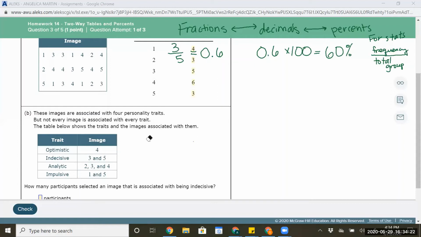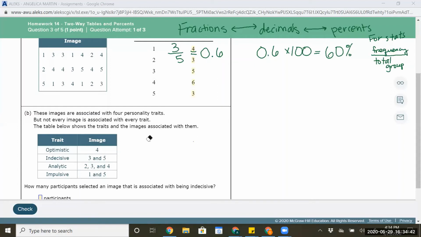Image 3 was associated with 2 personality traits. It was associated with indecisive, and it was associated with analytic as well. So carefully analyzing, but having a hard time making a decision about it. Image 4 was analytic and optimistic.